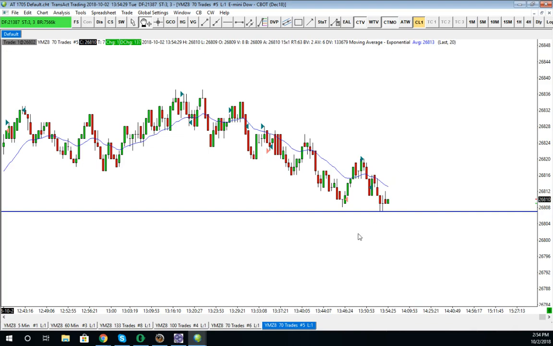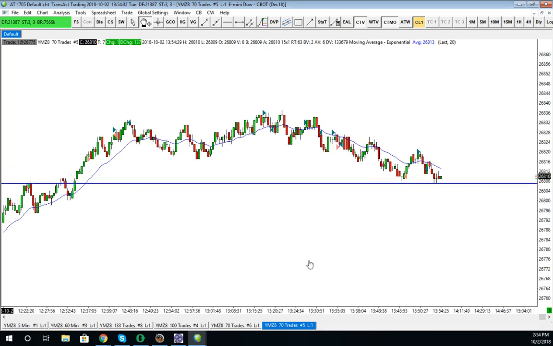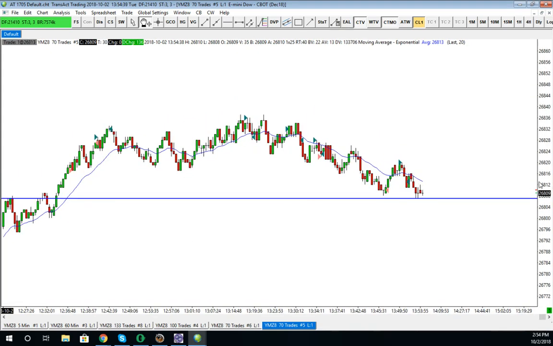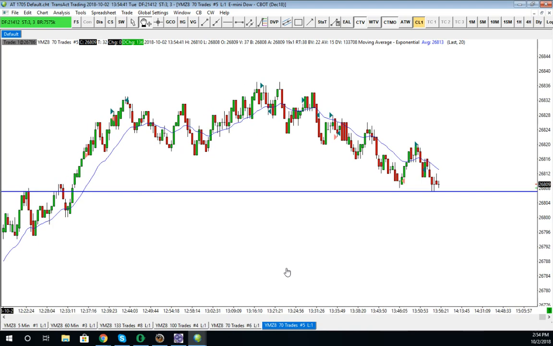So let's watch very closely what happens if it touches this level again. Looks like that should happen pretty soon if it's going to happen.